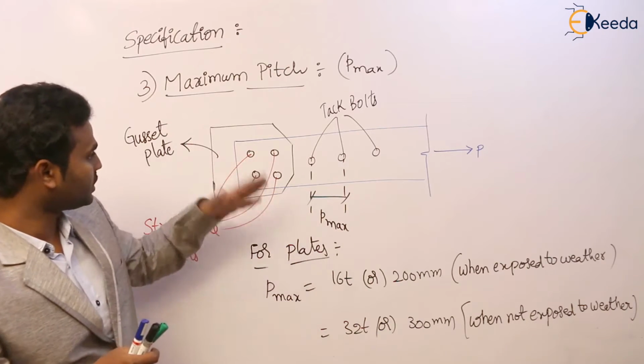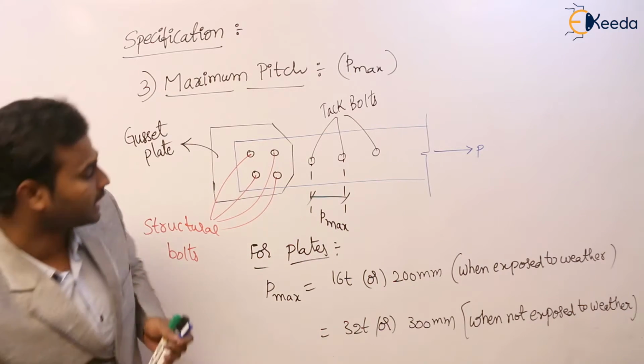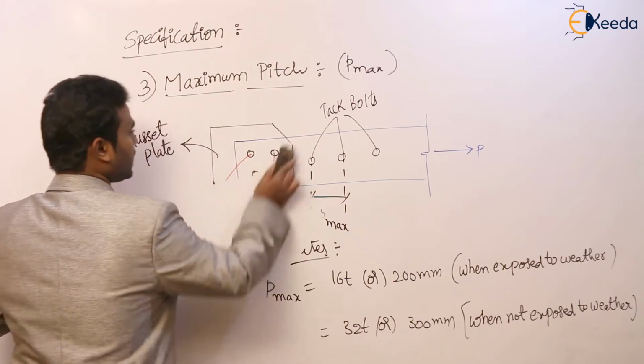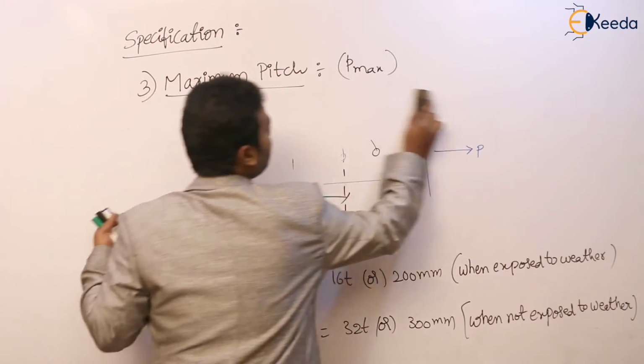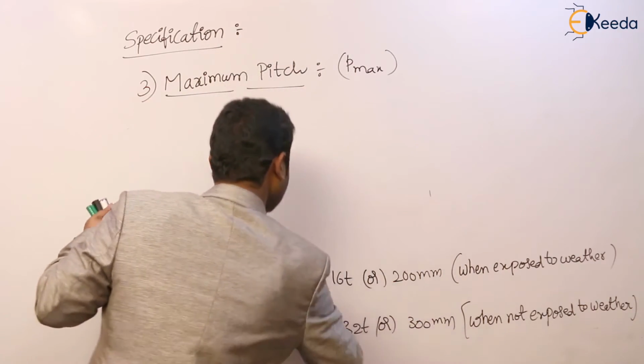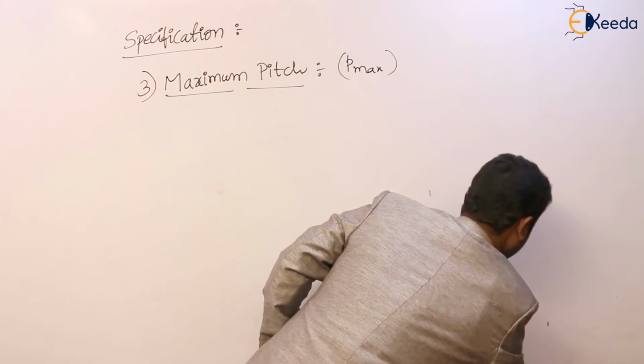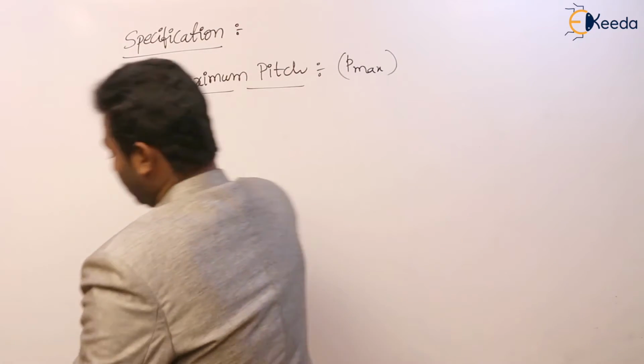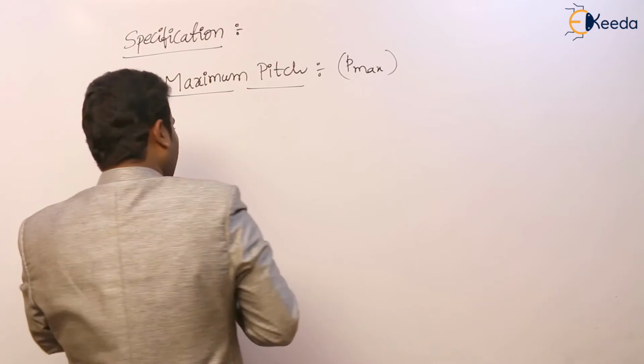So this is for plate. Let us discuss other types of sections like angle, T, channel, etc. For plates we have discussed.